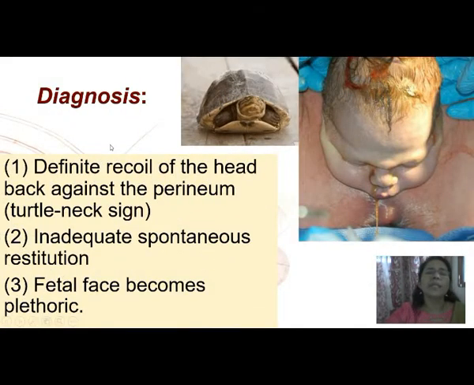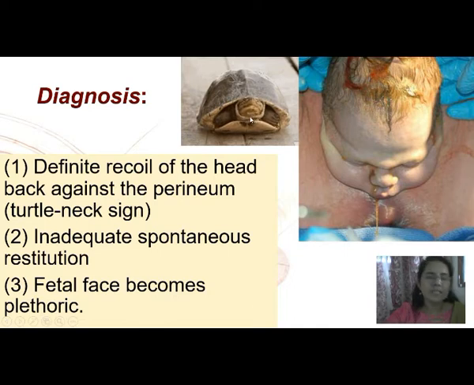Next, how can we diagnose that the shoulder is stuck and not coming out? The main sign is definite recoil of the head back against the perineum. You can see from this picture the head is returned back against the perineum. This sign is called the turtle neck sign.